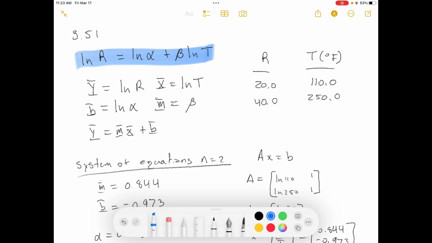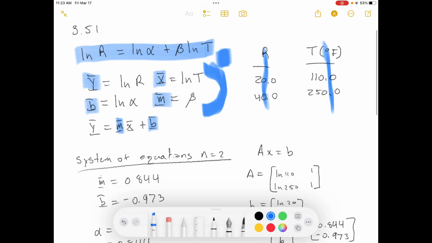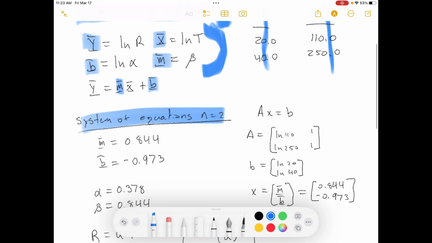They gave us 2 points, and we just have to model what these points will do on this kind of relationship, and so we've turned it into a straight-line kind of thing. So with 2 points, we use this linear model, and we can solve for the slope and intercept. Okay, so this is a system of 2 equations, 2 unknowns.